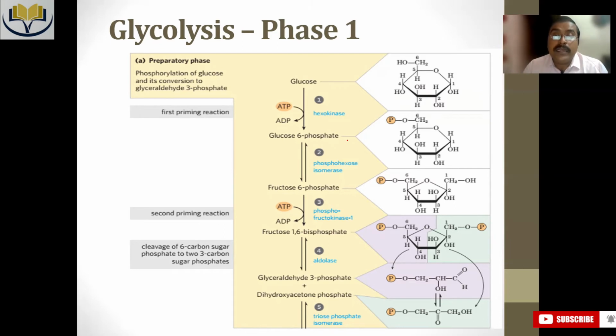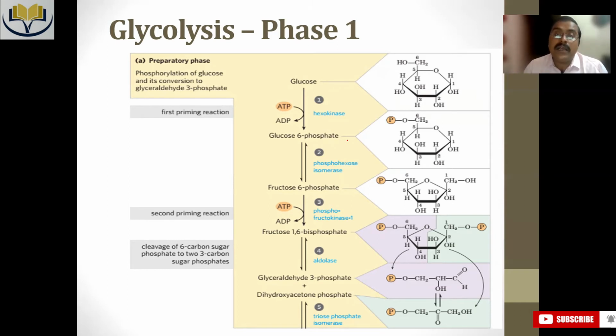This pathway is present in every organism, whether it's eukaryotic or prokaryotic, aerobic or anaerobic. That is why this pathway is very, very important to know. Aerobic means presence of oxygen, anaerobic means absence of oxygen. That is why this pathway is known as oxygen independent.